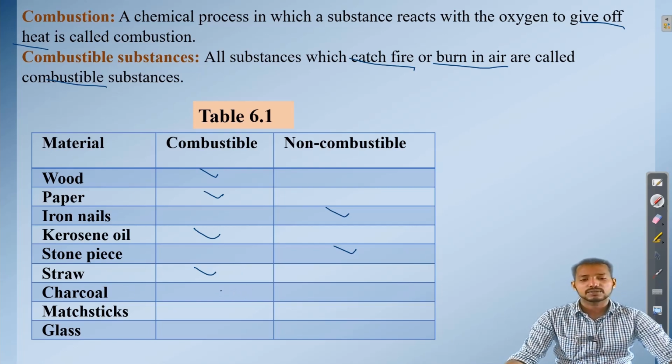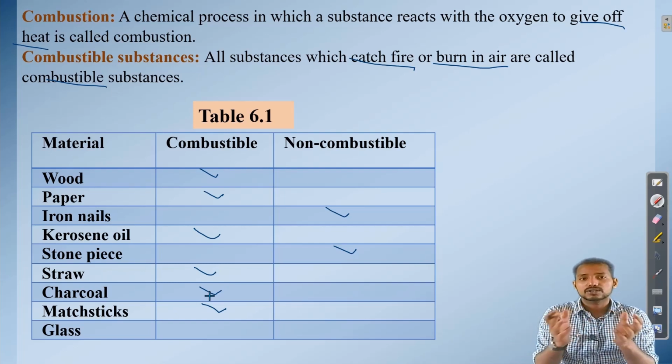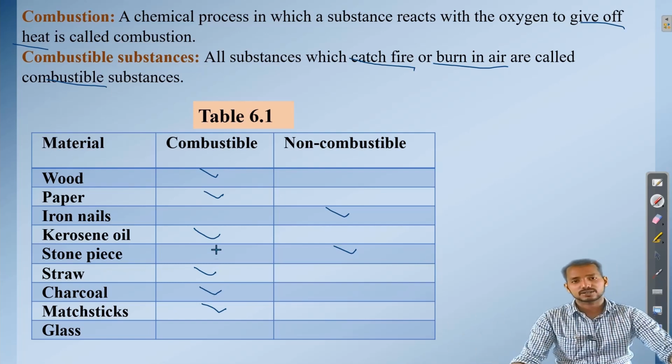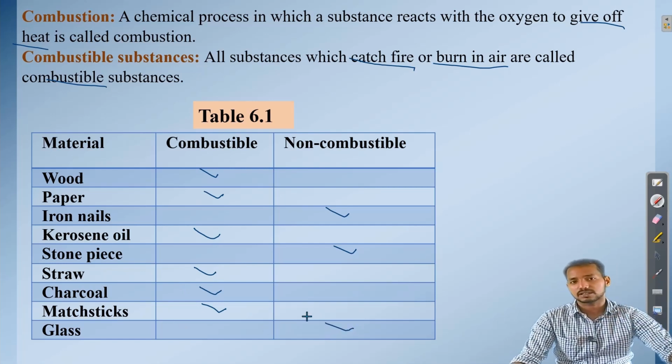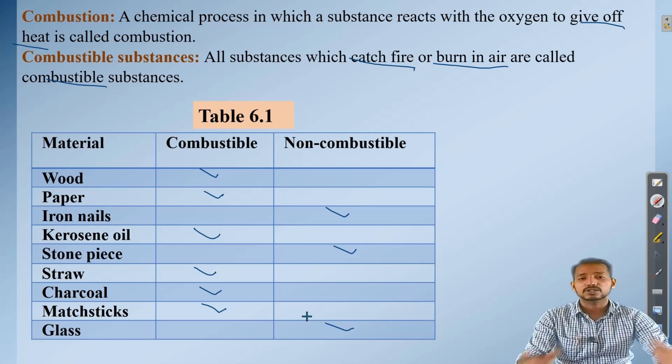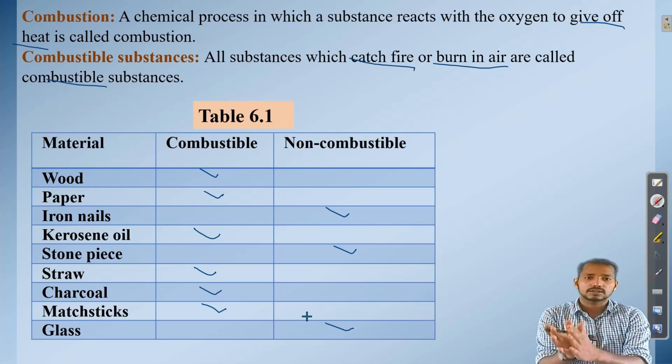Charcoal is also combustible, but it will take a little time to burn. But still it is combustible. Matchstick is highly combustible because just rubbing the matchstick on the surface of the matchbox, that friction is enough to burn it. What about glass? Glass at normal condition is non-combustible. Clear? So this is all about what combustion is and what combustible substances are.